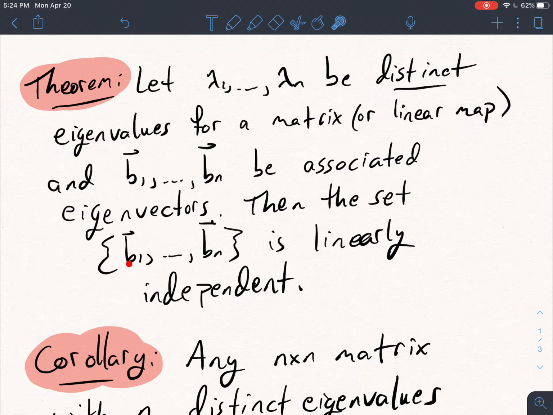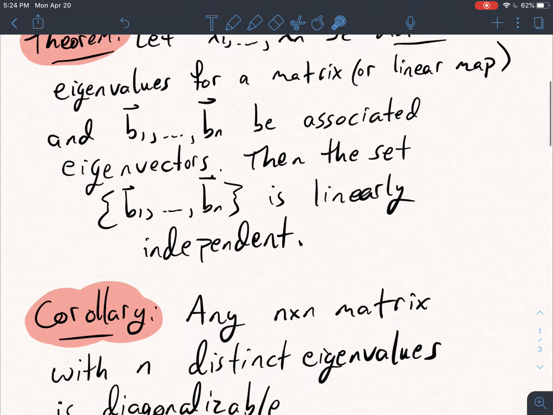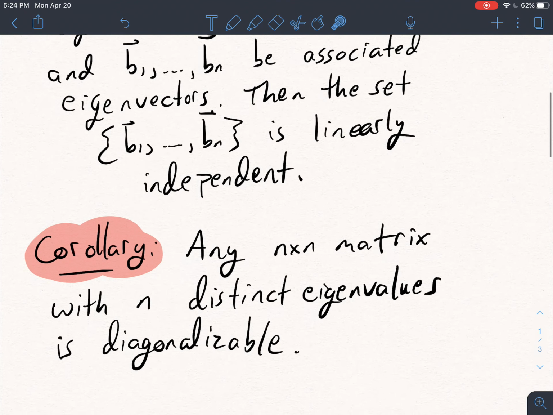The corollary says, assume that you have n distinct eigenvalues. Then by the theorem, you would get n eigenvectors associated with them, and that set of eigenvectors would be linearly independent. An n by n matrix represents a map from an n-dimensional vector space to itself.